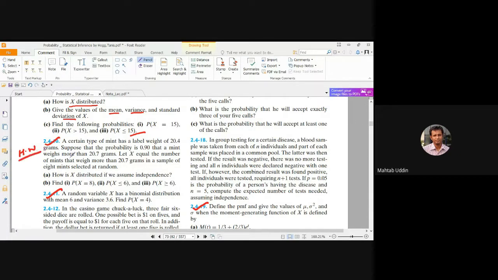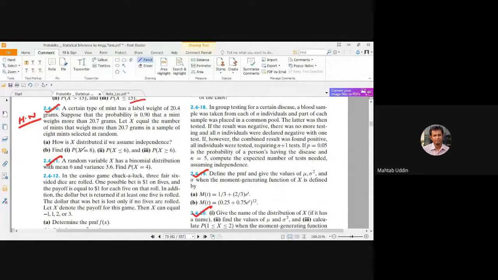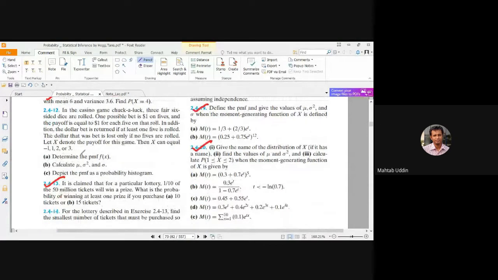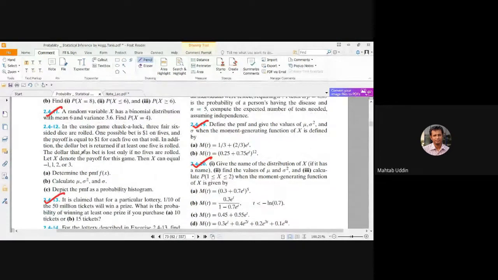We did the 9, so 10 is homework. Now 11. What should we do for 11? Read question 11 and tell me what we have to do.